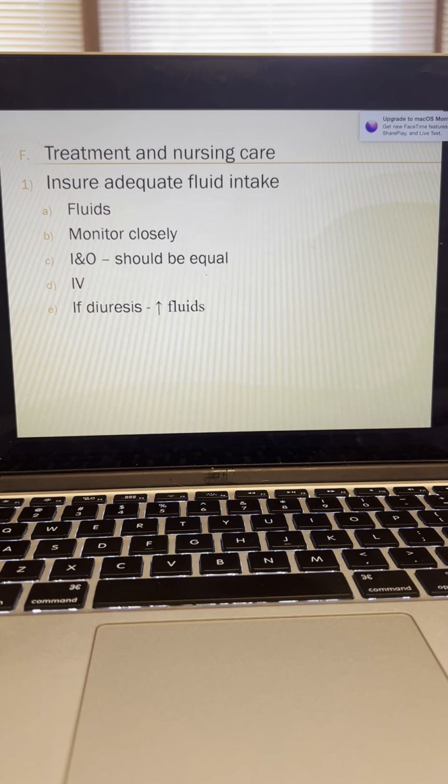Treatment and nursing care. Ensure adequate fluid intake. So fluids, monitor them closely. Intake and output should be fairly equal now.